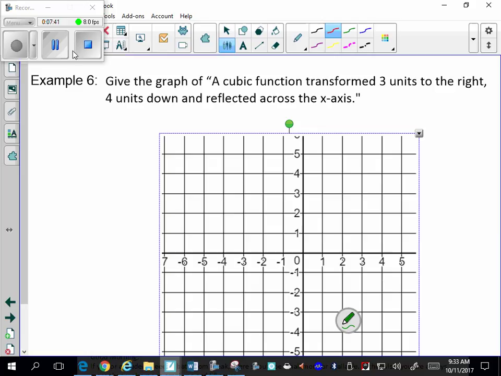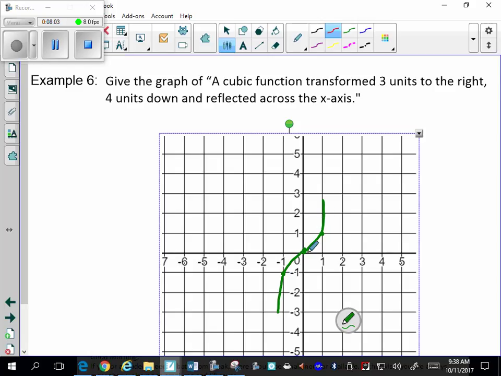So cubic function. Again, I draw in the parent function just to get a visual. So we have (1, 1), (0, 0), (-1, -1), and it's really steep, snake-like. And we're going to make this go 3 units right, 4 units down, and then reflect it.